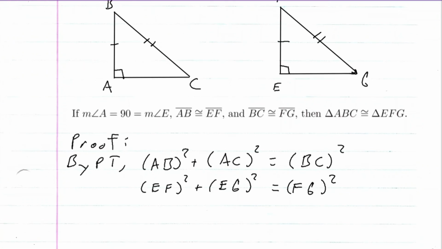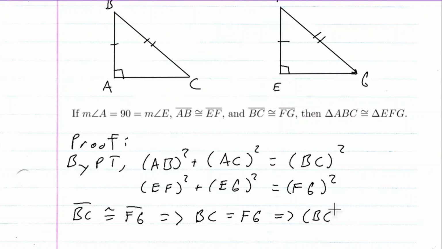Okay, so now what we have is we know that BC is congruent to FG. So let's go ahead and write that. BC is congruent to FG. So this implies that BC is equal to FG, right? And of course, this implies that BC squared is equal to FG squared.